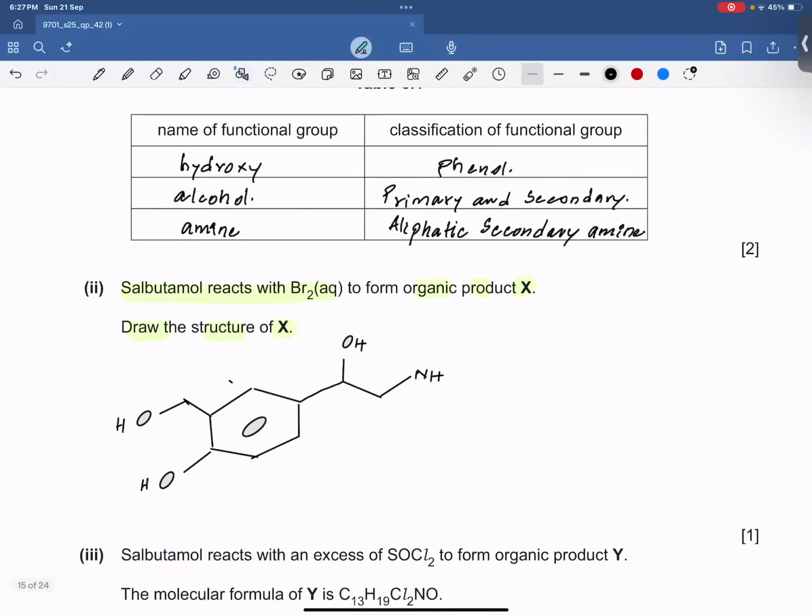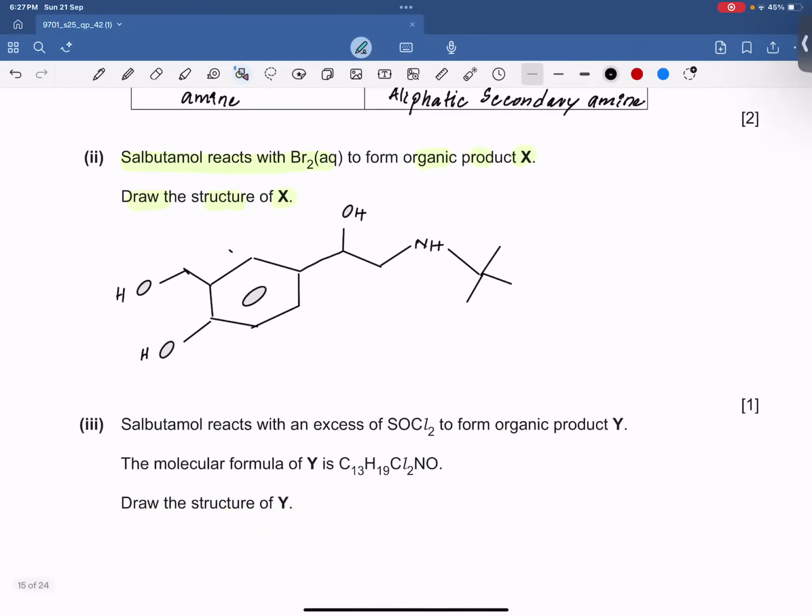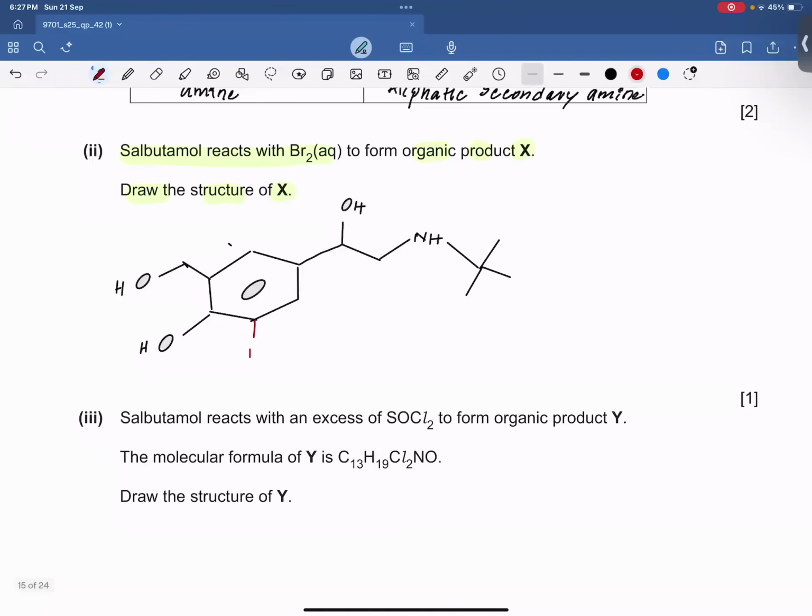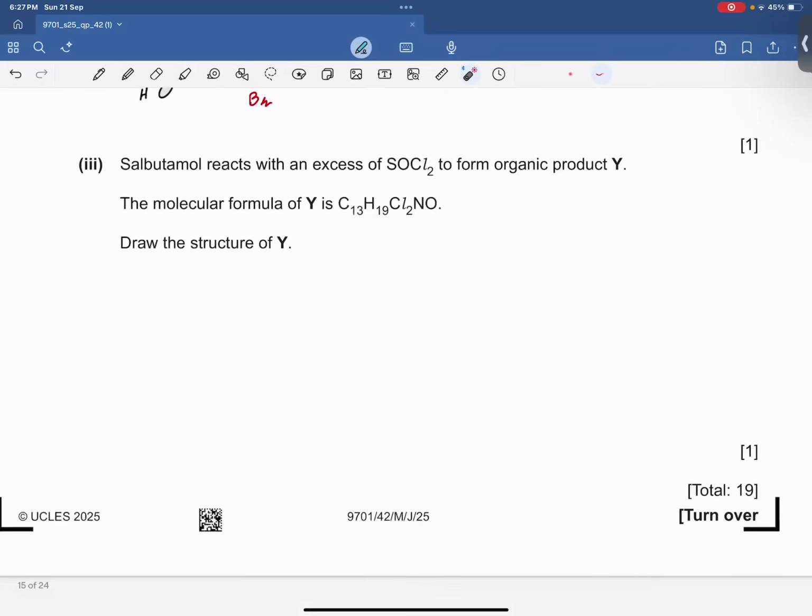And then we have this one. So I need to attach bromine here only because the second and fourth carbon atoms are already occupied with these groups. Okay, so that's the structure of X.